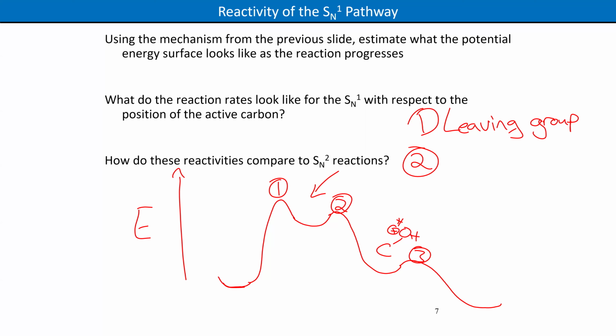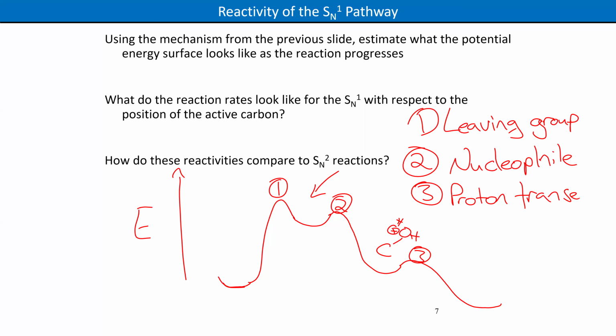Transition state 2 was our nucleophile attack. And the third one is the proton transfer? And 3 is that last proton transfer, which won't always be there for these, right? Proton transfer as needed, you could say.